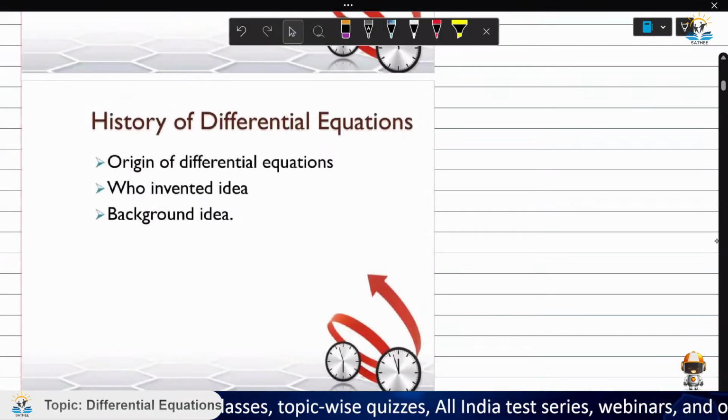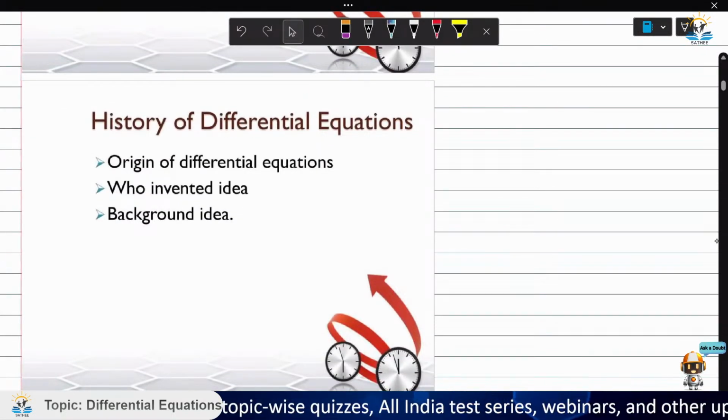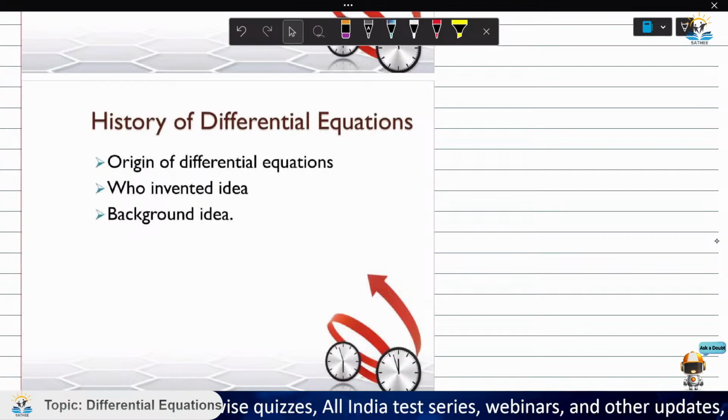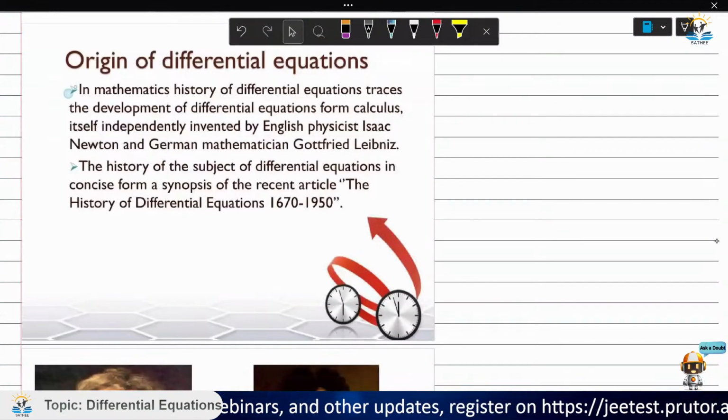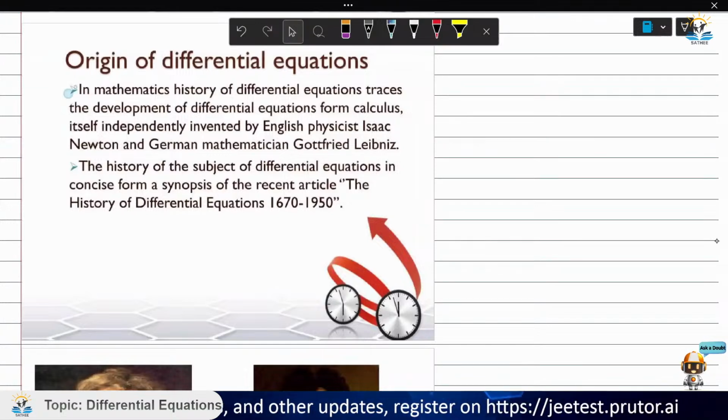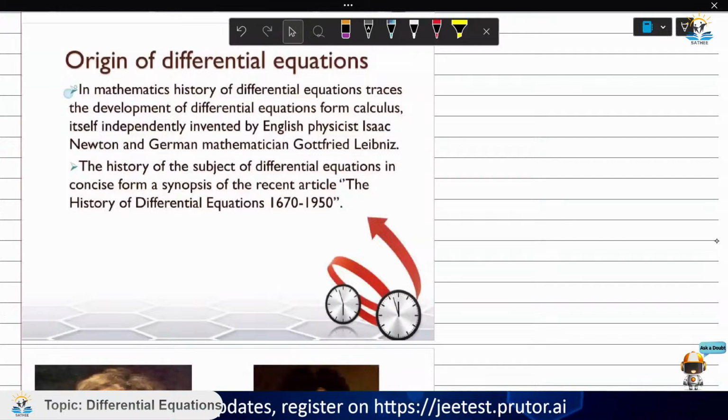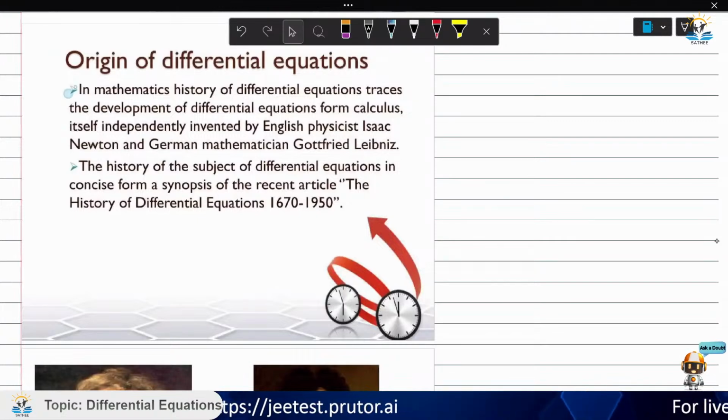We can take a bit of history, though it's not necessarily for JEE Mains, but we should understand where it originated and how it came about. So we'll just read it through once. In mathematics, the history of differential equations traces the development of differential equations from calculus itself, independently invented by English physicist Isaac Newton and German mathematician Gottfried Leibniz.